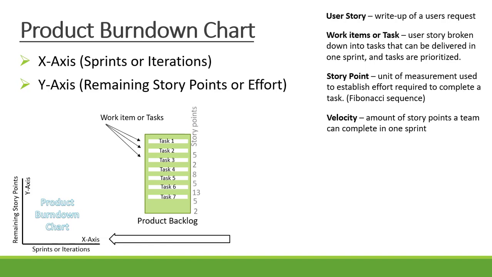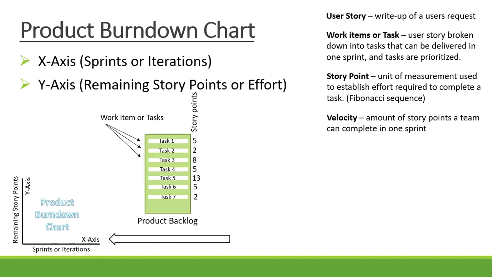Story points are then allocated to each task, and a story point is a unit of measurement used to establish the effort required to complete a task. A team can use a Fibonacci sequence to size tasks relative to each other. The smaller the number, the less work is required to complete a task, and the higher the number, the more work is required within a sprint.